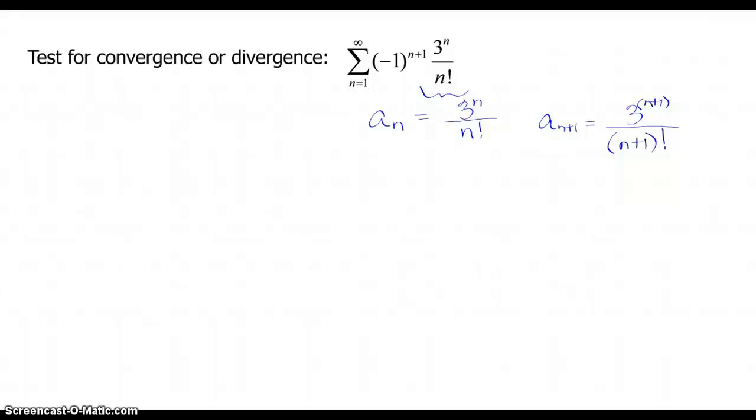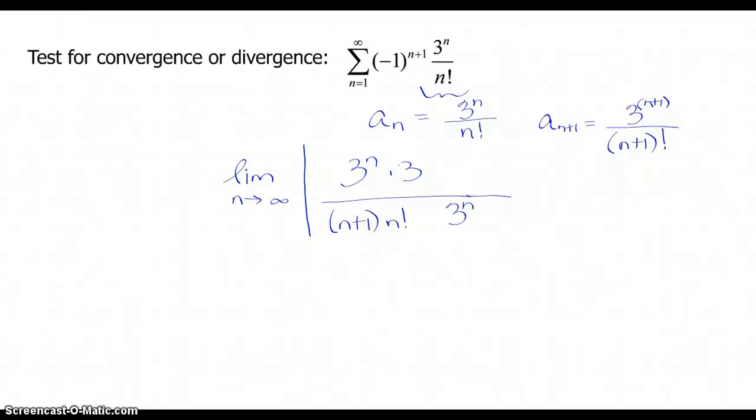So there you can see there's a sub n plus 1 and a sub n. The limit as n approaches infinity, I'll have 3 to the n times 3 over n plus 1 times n factorial. That will be multiplied by the reciprocal of a sub n.